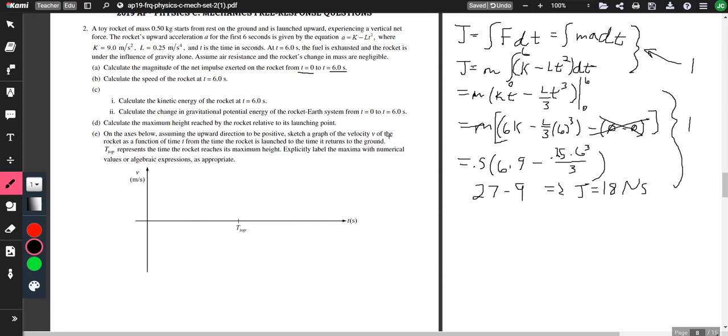Now, there was actually a second way to do this. Another way of doing impulse is by using just the change in momentum. If you figured out what the final velocity was and subtracted the initial velocity, you would get your answer. The initial velocity is 0, so that can be dropped out. So realistically, this was also equal to m times the final velocity.